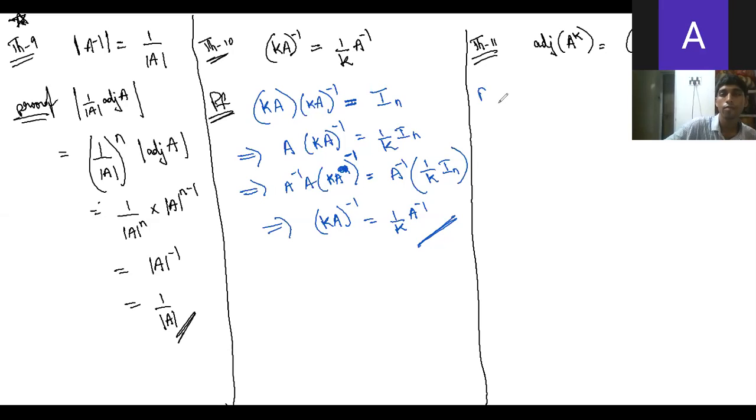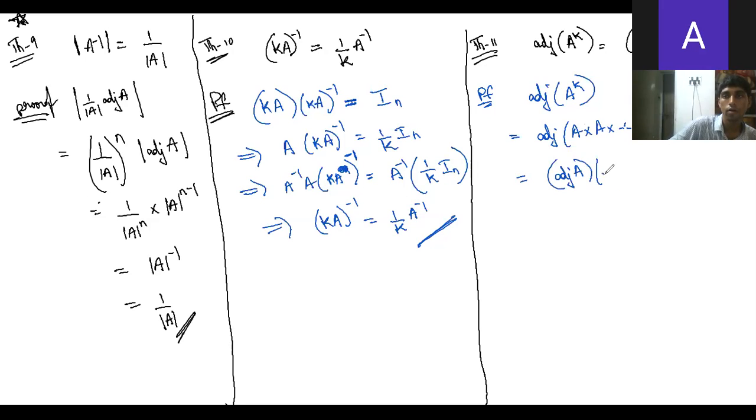Proof. Adjoint of A power K is equal to adjoint of A into K times, which is actually adjoint of A into adjoint of A into adjoint of A, K times.